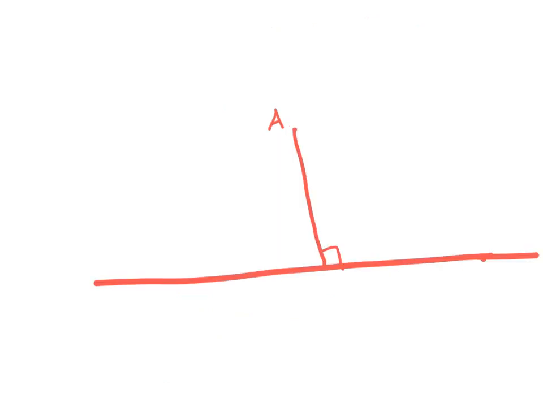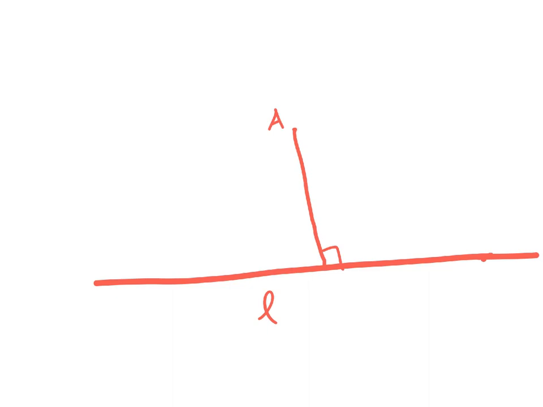Now we're going to look at why that is important in proving that CAO is a right angle. We want to prove that if we have any point A and a line L, the shortest distance from A to L will always be a segment that is perpendicular to line L. And we can prove this using a contradiction proof, which you'll find are very common as you begin doing more mathematics proofs.